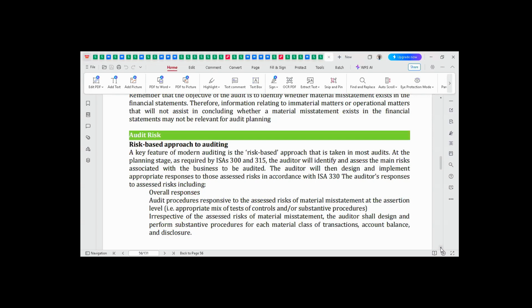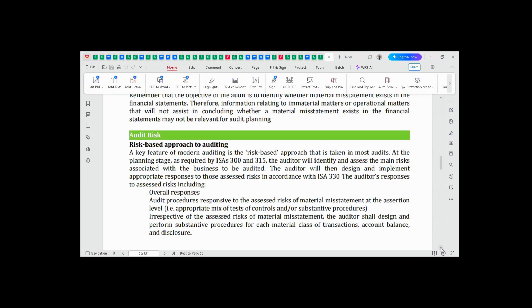So if you have adopted a risk-based approach for the audit, what that implies is that you are going to focus on the key risk areas of the client business. So those are the areas you are going to focus your attention on.